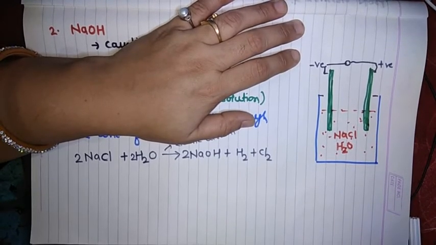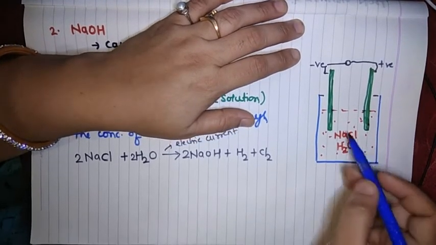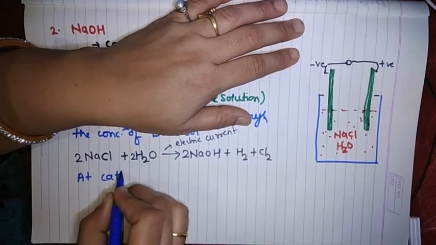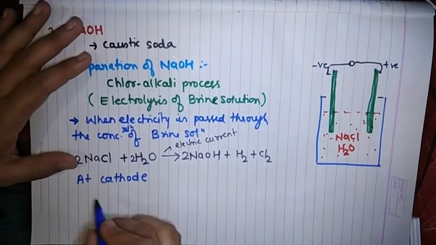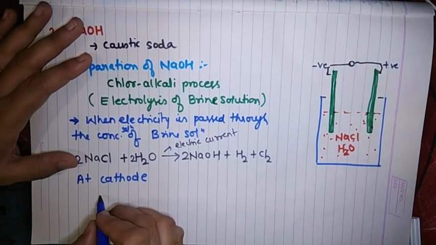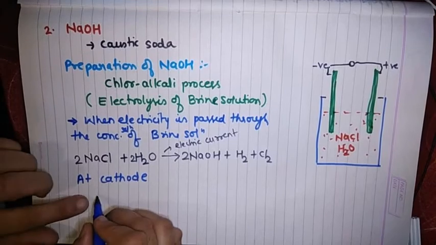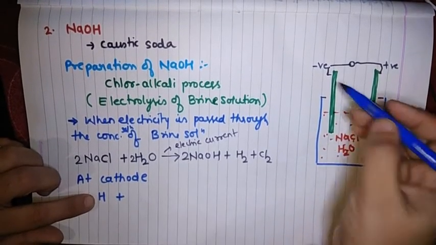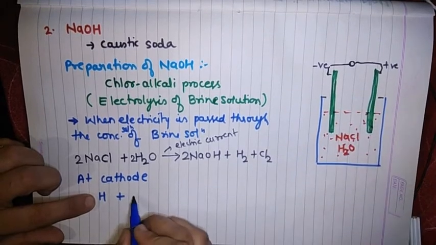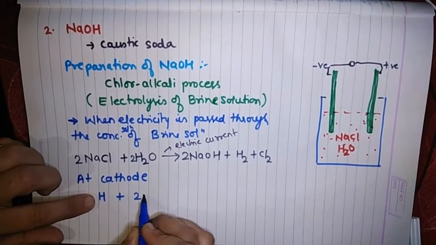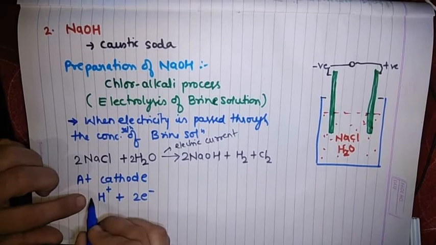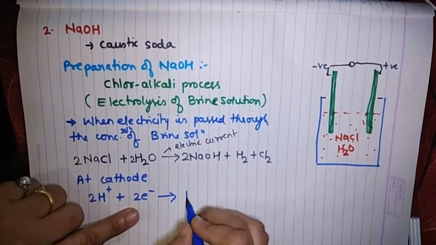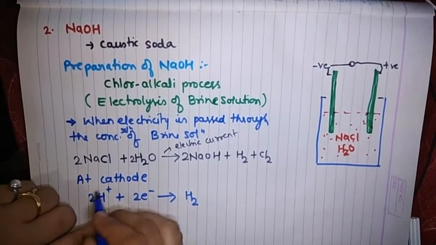At the cathode, the reaction that will take place is that hydrogen will gain the electron. Why? Because it is a negative electrode, so it will gain the electrons, and it is acquiring positive ion, and we will be getting the H2 gas at the cathode.